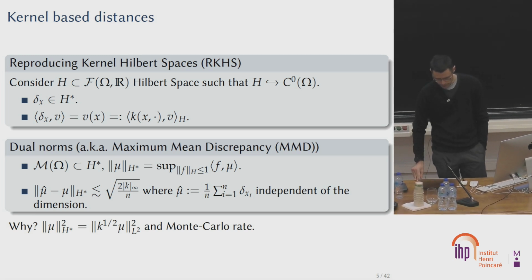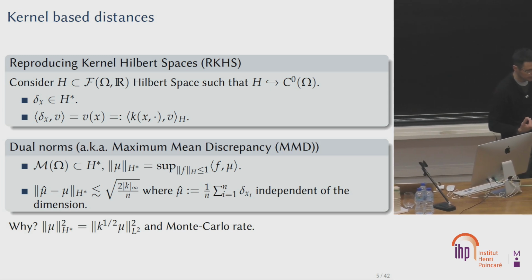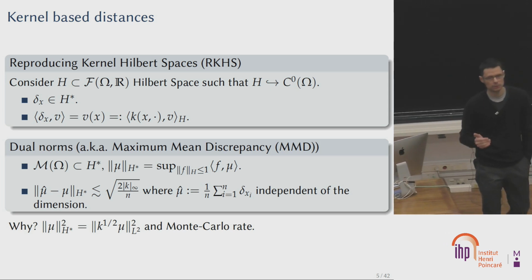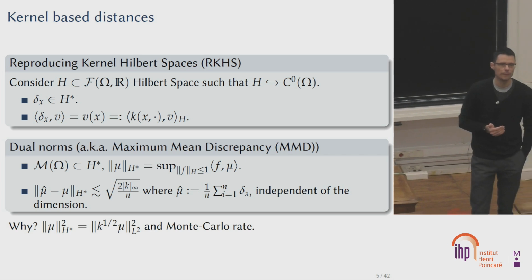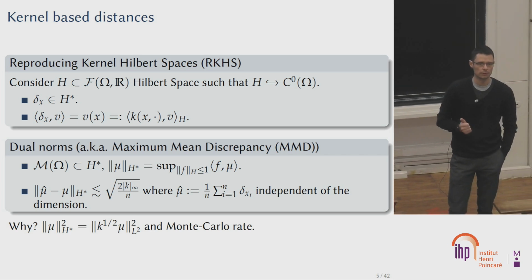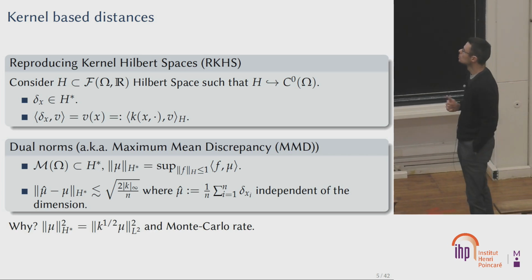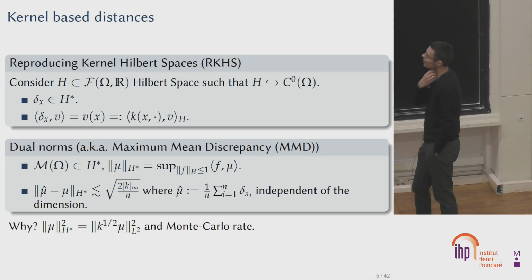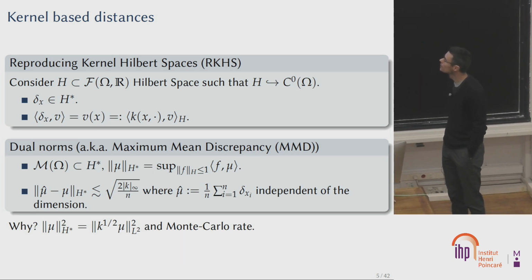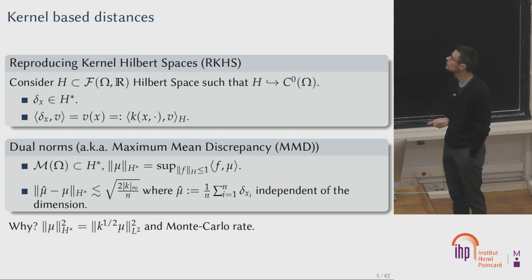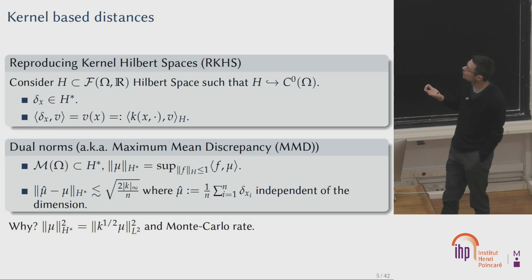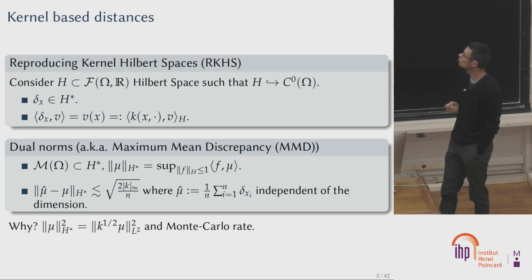This is the case of kernel-based distances. The setup here is that you consider a space of functions which are continuously embedded in the space of continuous functions, so that Dirac masses are in the dual space. By duality, it defines a kernel, k of x dot, which is the representer of the Dirac mass delta x.